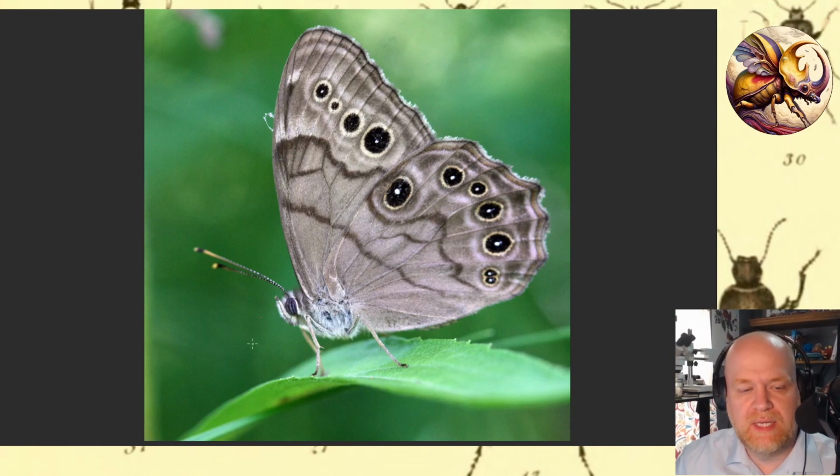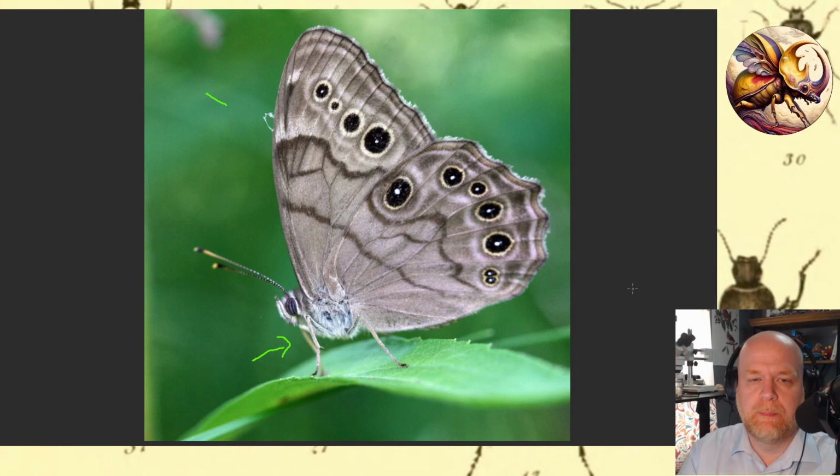One of their identifying characteristics is that they only appear to have 4 legs, because the first set of legs tend to be shrunken and reduced. Additionally, they tend to have fairly heavily patterned wings, and like most butterflies, the wings are held back over the body in a vertical positioning.